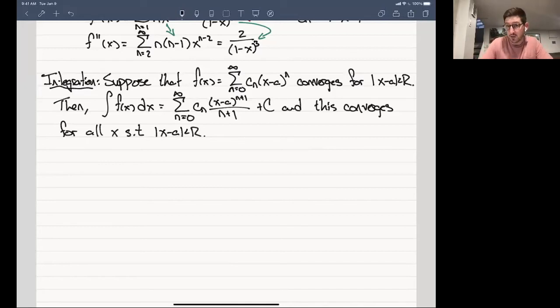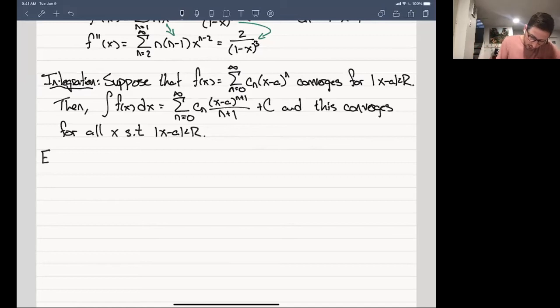Having to use things like trig substitution or partial fractions or some of these other techniques, even just integration by parts. What is this saying? It says that if you can find the power series representation of a function, integration is very, very easy, right? But the issue with this, of course, is that integration gives you another power series. And so you have to ask yourself, what does this thing converge to again? So you sort of still have the same issues, but you have an easier way of approaching the problem.